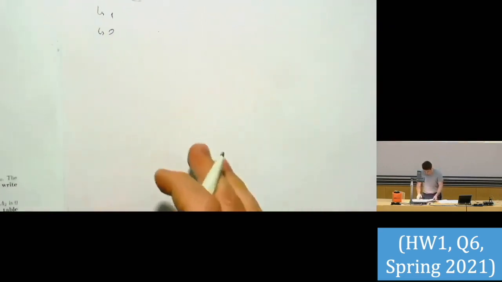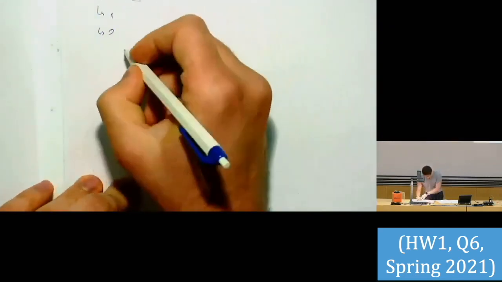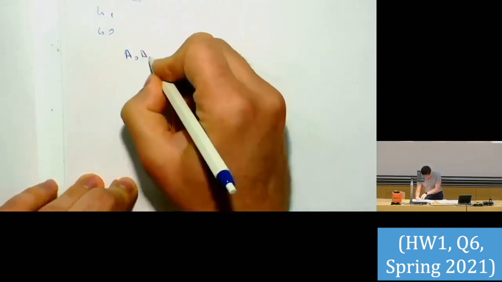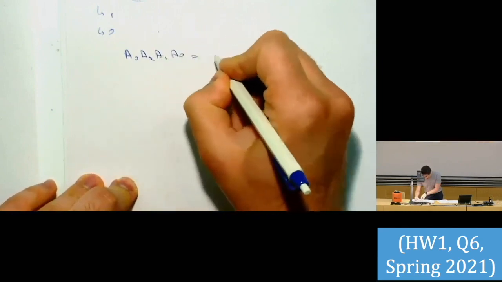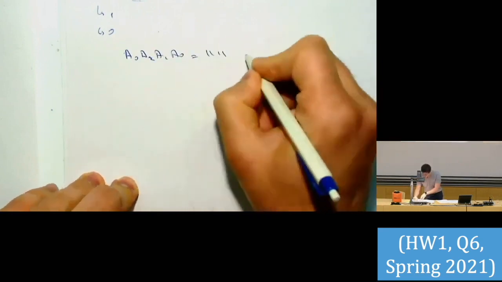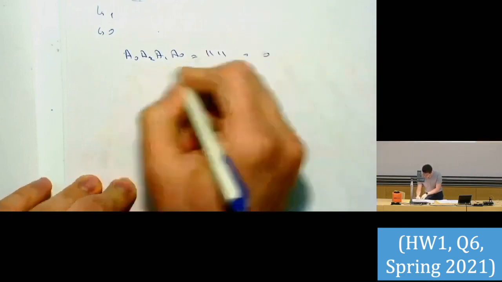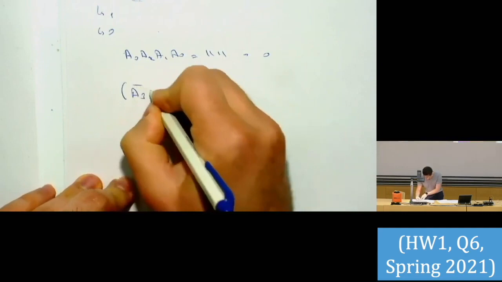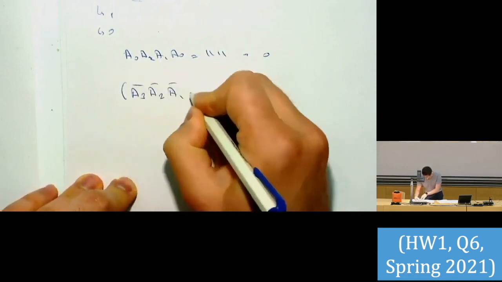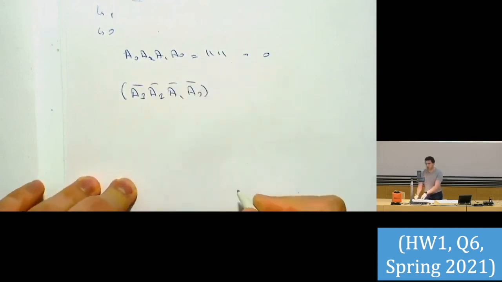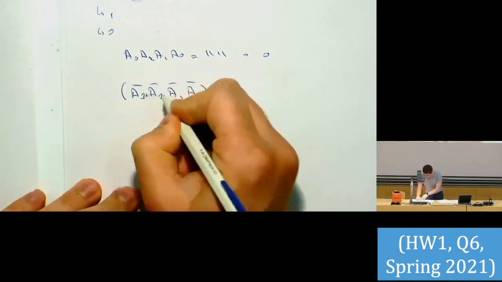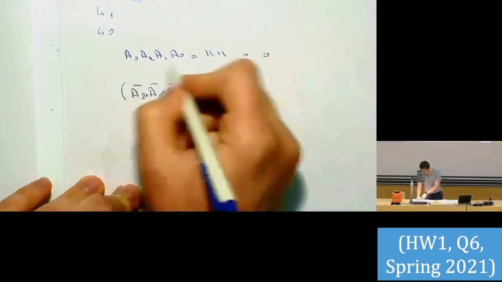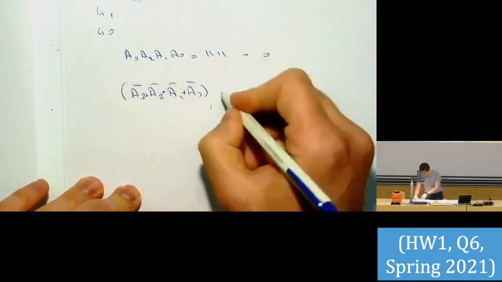Let's first think about the case when A3, A2, A1, and A0 is 1, 1, 1, 1, and I will have 0 for X. In order to have this, I need a term such as A3 not OR A2 not OR A1 not OR A0 not. If I have ones for all of these inverted inputs then this will be 0.